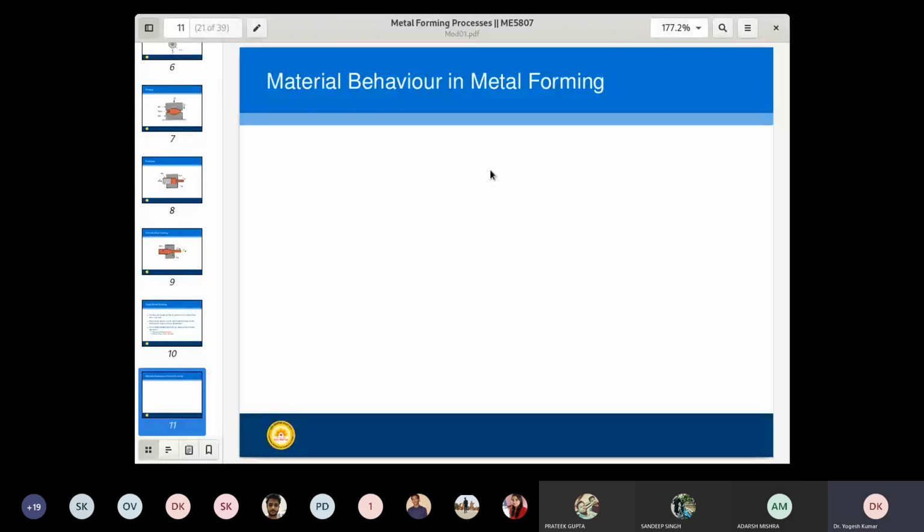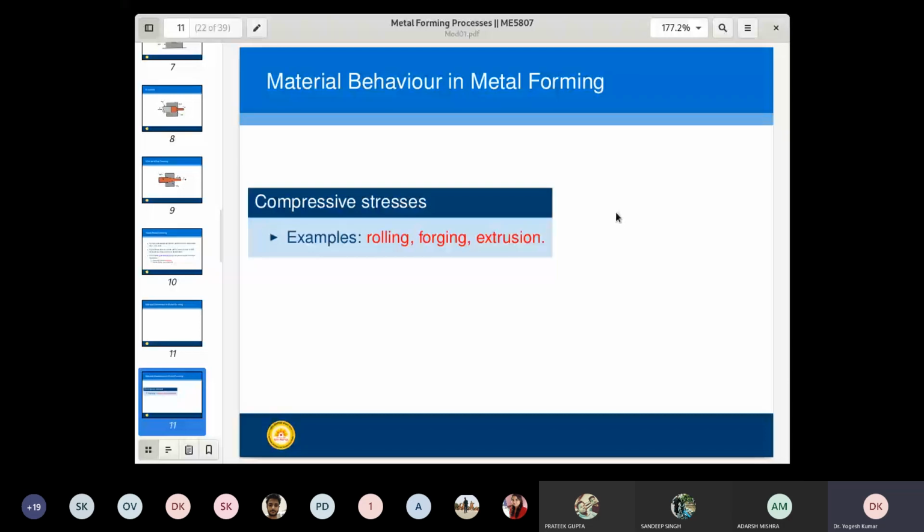So the common types of stresses developed in the material during metal forming are compressive, tensile, shear, and torsion, or a combination of these four stresses.